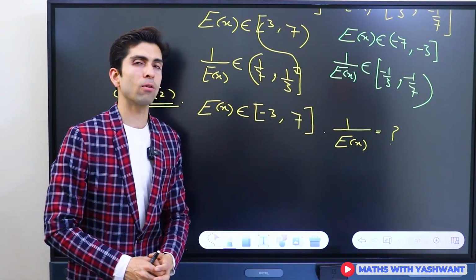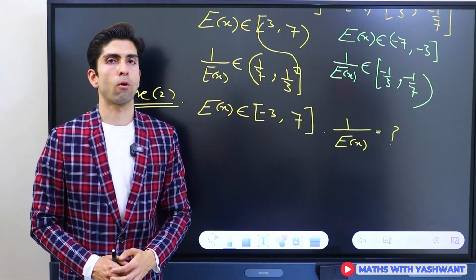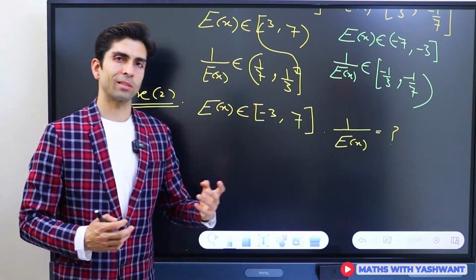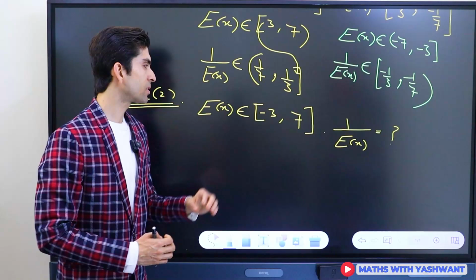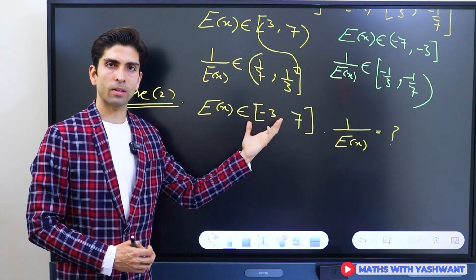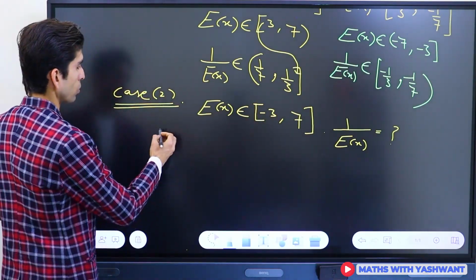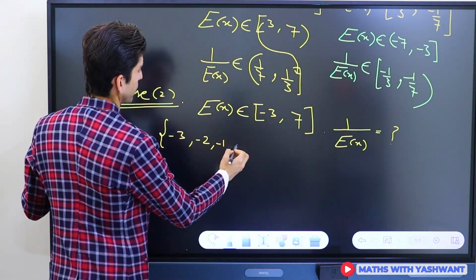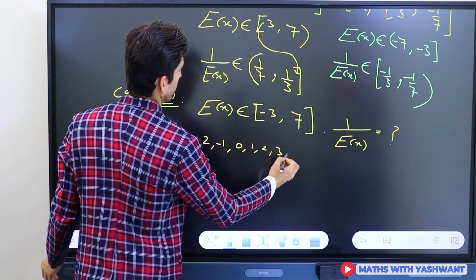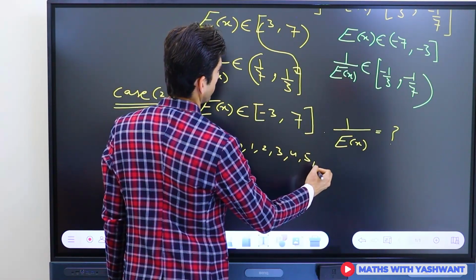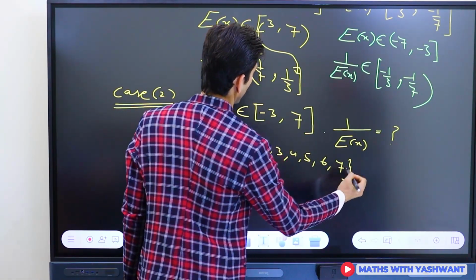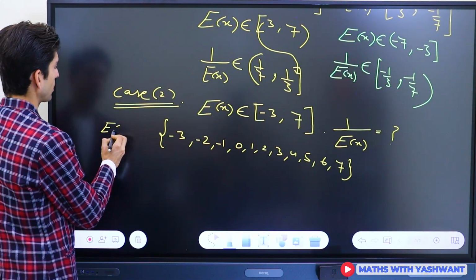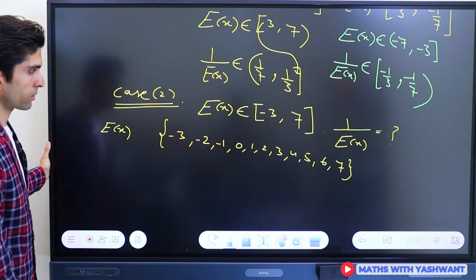Just for simplicity, let's take the discrete integral values present in the range of E of x. So we have -3, -2, -1, 0, 1, 2, 3, 4, 5, 6 and 7.